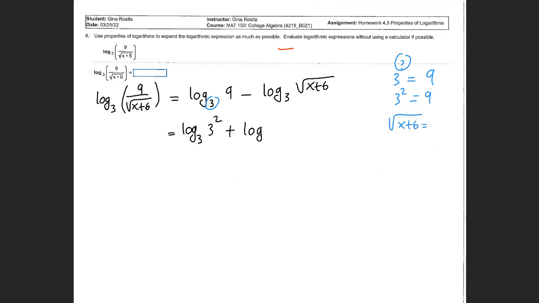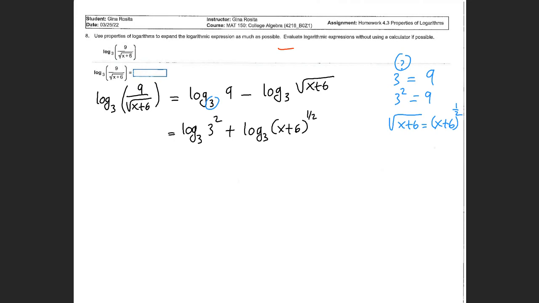Square root of x plus 6 you can write as x plus 6 to the power of half. So it becomes logarithm of x plus 6 to the half with base 3.